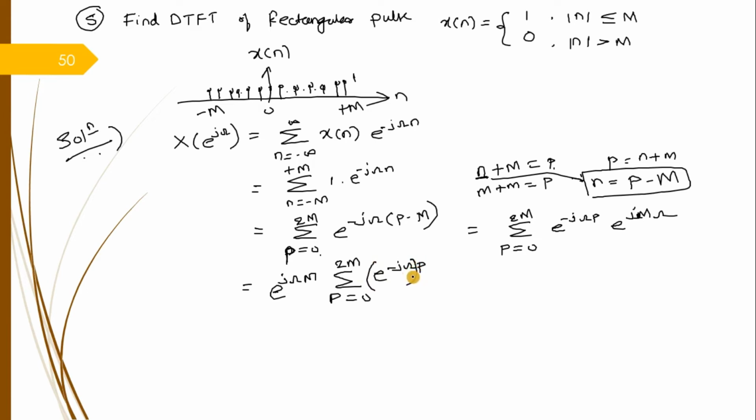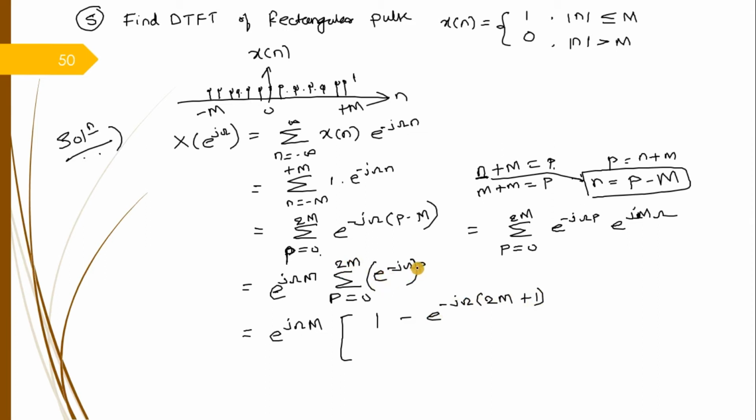So I can apply the formula. The formula in the previous slides I had shown, right? So that formula I apply, e raised to j omega m. For this I apply the formula: 1 minus alpha raised to upper limit plus 1, where alpha is e raised to minus j omega. Upper limit plus 1 means 2m plus 1, right?